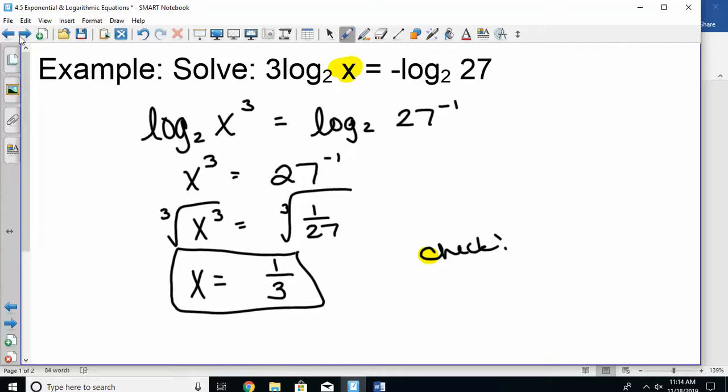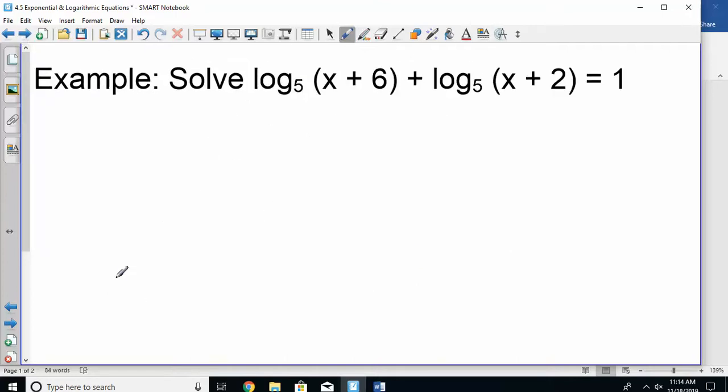I'm going to do this one. Will we be able to use the same strategy here?